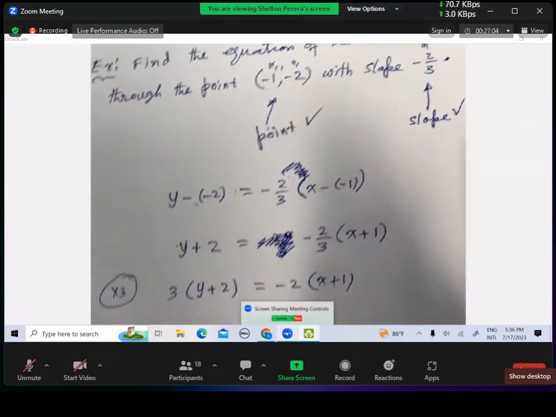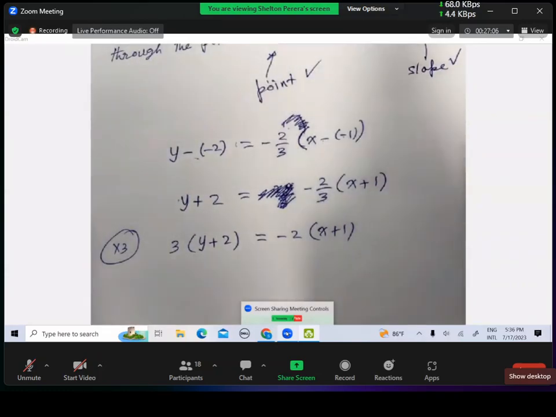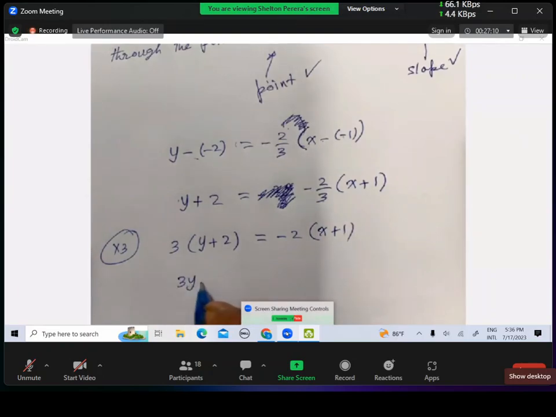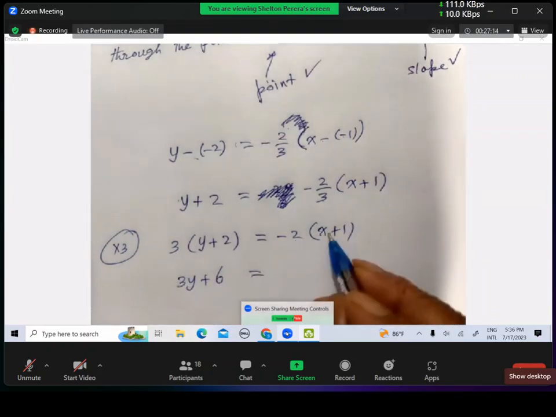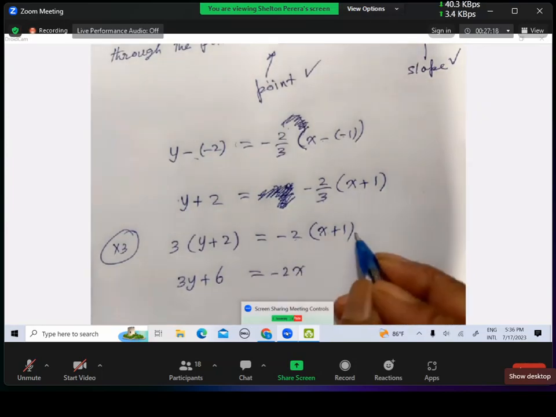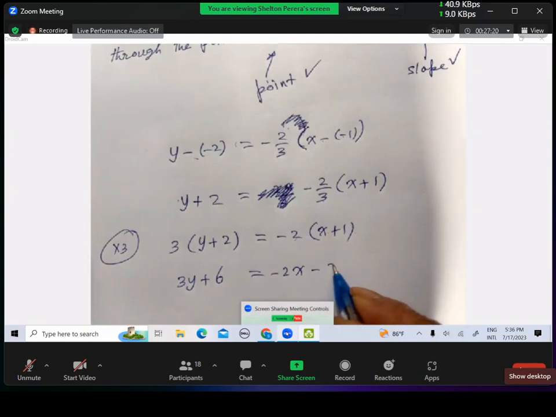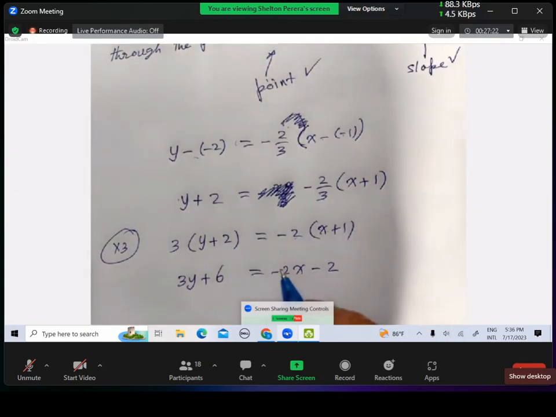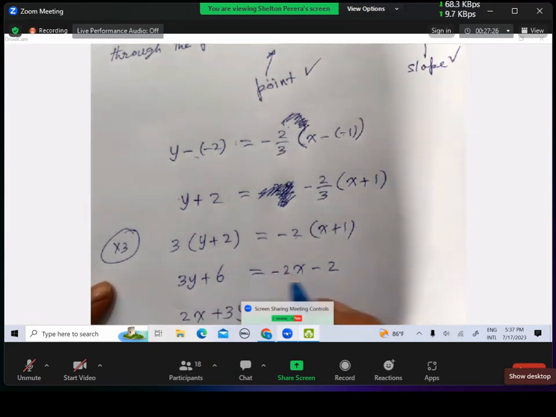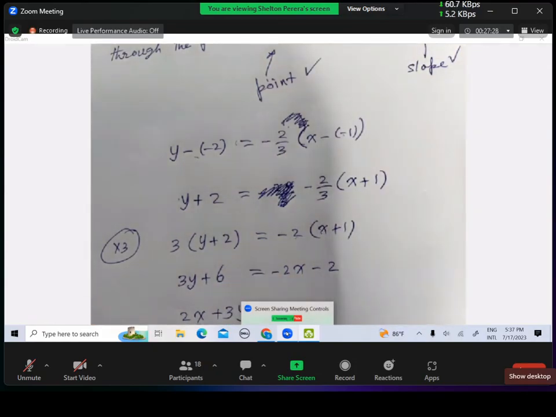This is just simplifying. Now you can write this as 3y plus 6 equals -2x minus 2. Take 2x to the other side: 2x plus 3y, -2x becomes plus 2x.